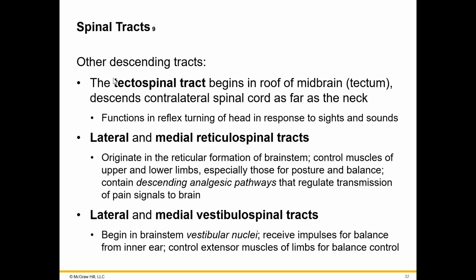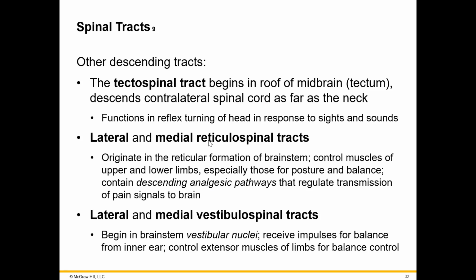Then we have more descending tracts. There's the tectospinal tract. The tectospinal tract begins from the midbrain, the tectum. These are descending from the tectum. Then there's the lateral and medial reticulospinal.